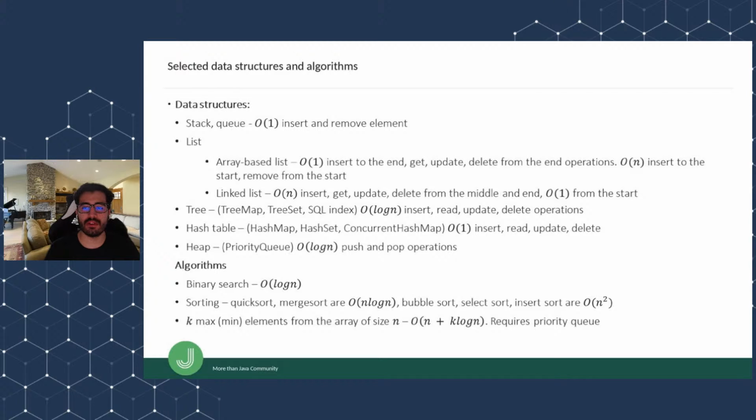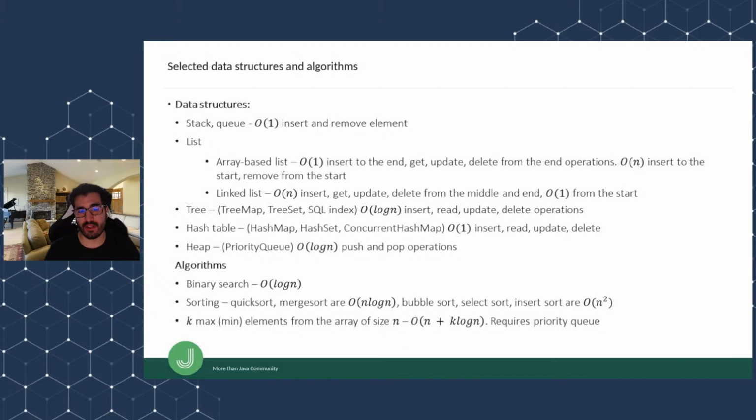Now, when we are inserting to the start and removing from the start, it takes O(n) complexity because, specifically for Java, it will need to look for this index, and it will take an iteration operation for this to happen.